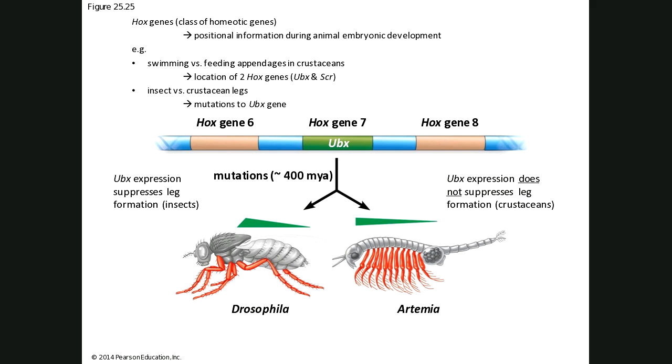So these combinations of heterochrony, changing the timing of genes, and this modification of a developmental gene that gives rise to appendages and is being mutated could have taken us from Artemia, which is still around but has lots of legs, to Drosophila. Later on when we get into arthropods, we're going to see that it's all about appendages, different types of appendages.